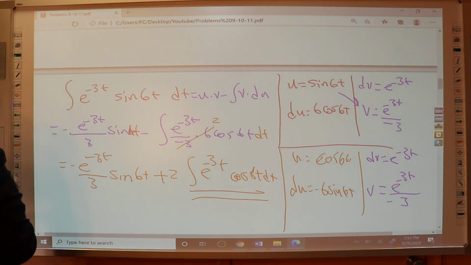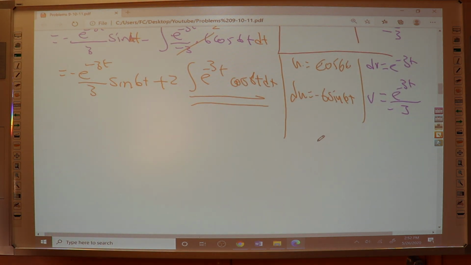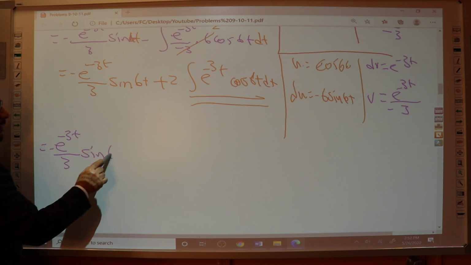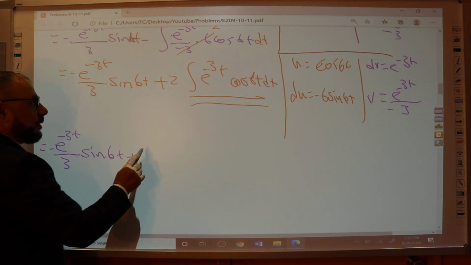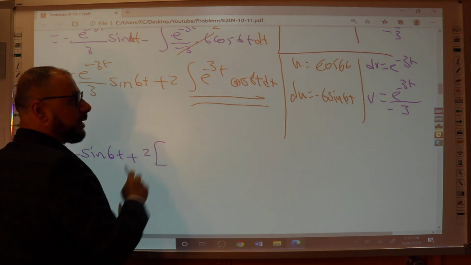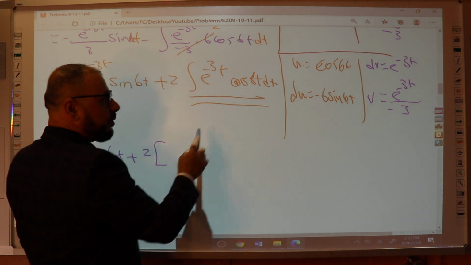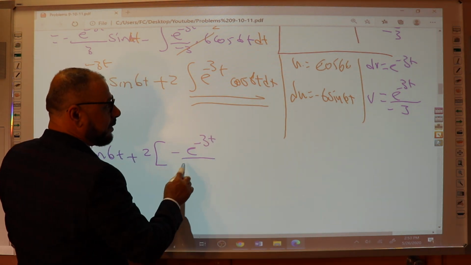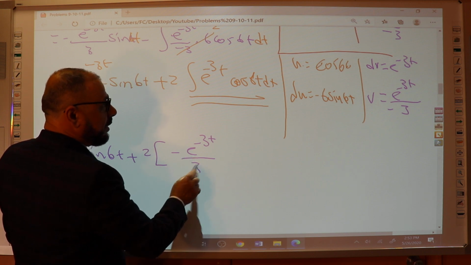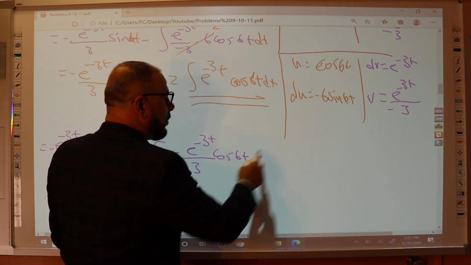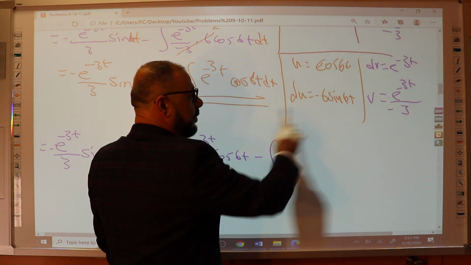Now this integration will be equal to e to the negative 3t over 3 sine 6t plus 2 open bracket, uv, which is uv negative e to the negative 3t over 3 cosine 6t, minus integration v du, which is this and this.